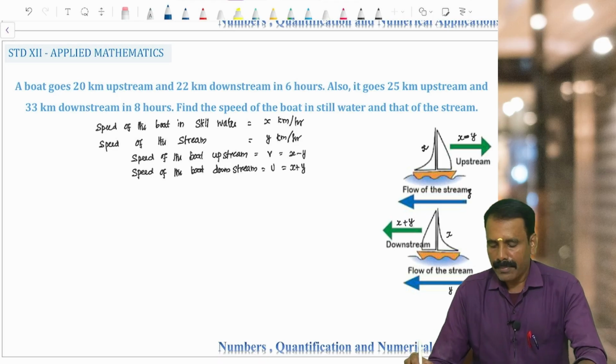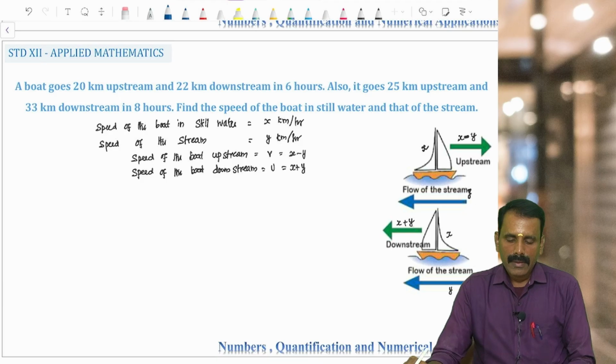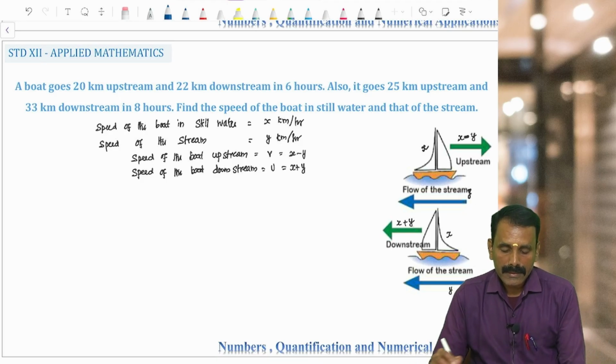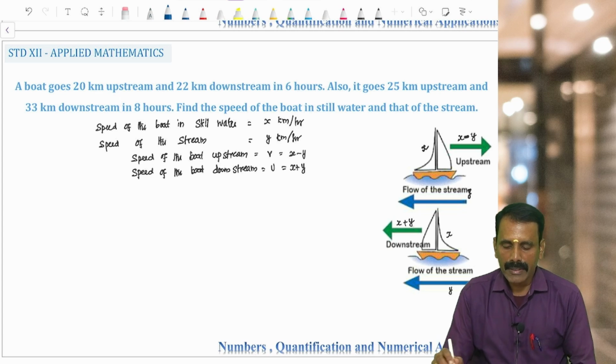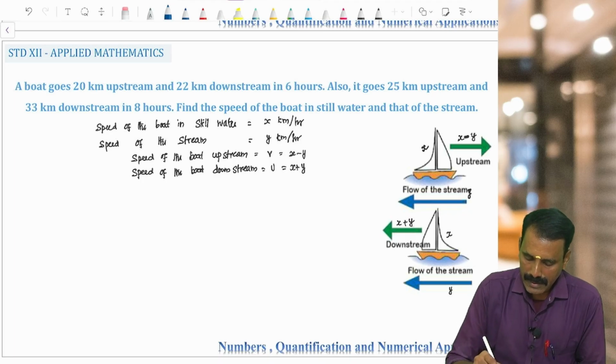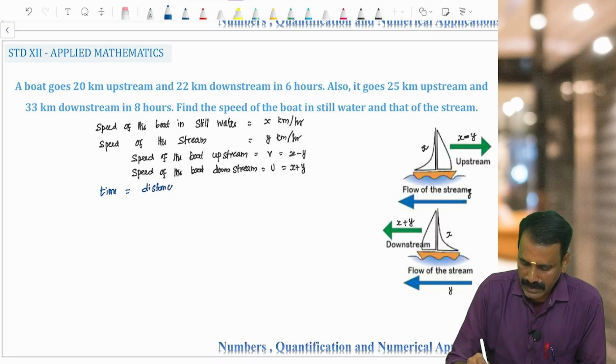Now the boat goes in two conditions. One is it goes 20 km upstream and 22 km downstream in 6 hours. So we are having the formula. Time taken is nothing but distance by speed.